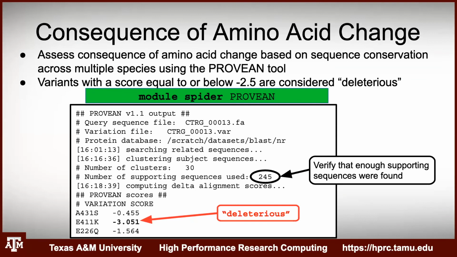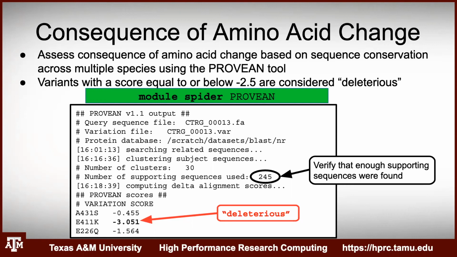All right, so once you have the variants called, there are several tools available to look at the consequence of that variant. Provean is one of those tools. It looks to see if that nucleotide change caused an amino acid change, and it looks at the severity of that by comparing across multiple species.